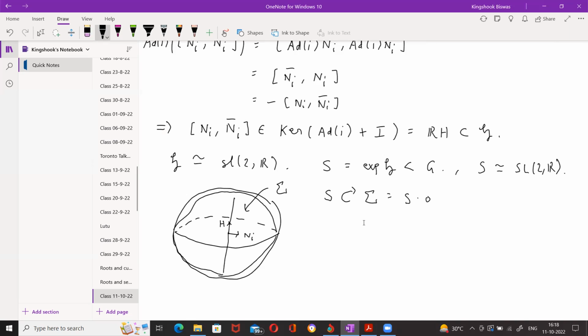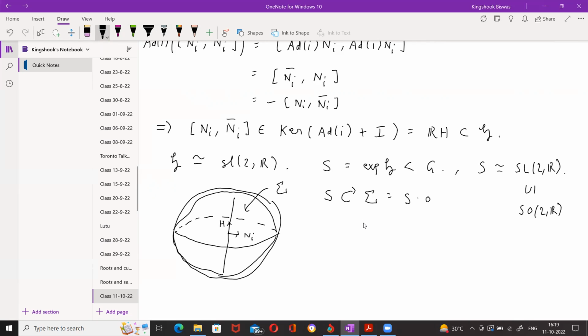Well, this SL2R is NAK, where it contains a compact K, which contains SO2R.